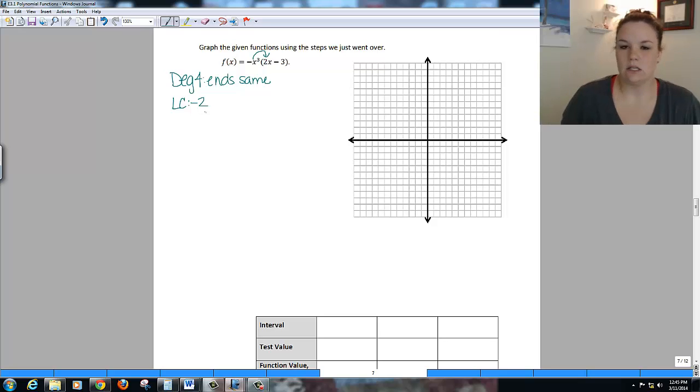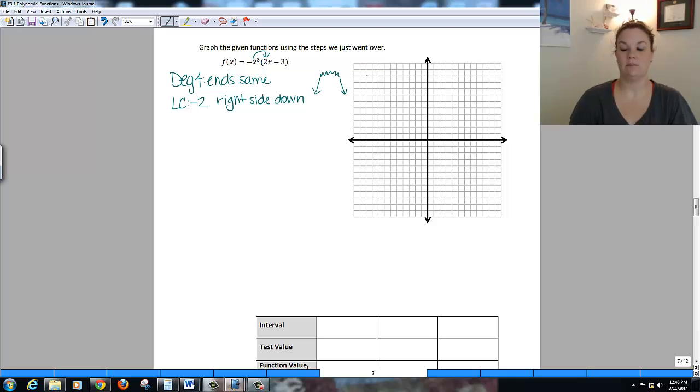I don't necessarily care what the number is, but we do need to know if it's positive or negative. Since we got a negative 2, that means the right end goes down. So the right side's going down, the ends are going the same direction, which means the left side's going down too. We don't really know what's happening in the middle yet. So we know our picture should be some type of parabola-esque looking picture pointing down.